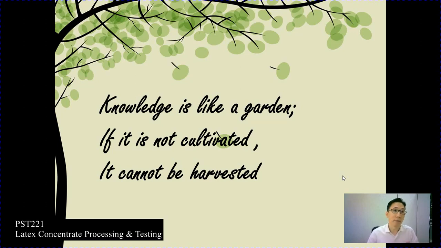Same goes for the garden. If you want your garden to be beautiful and eventually harvested, you need to give it significant amounts of light, fertilizer, water, etc. Same goes for knowledge. By doing that, eventually you can harvest it, and it will be reflected maybe in your results or in your future career itself.